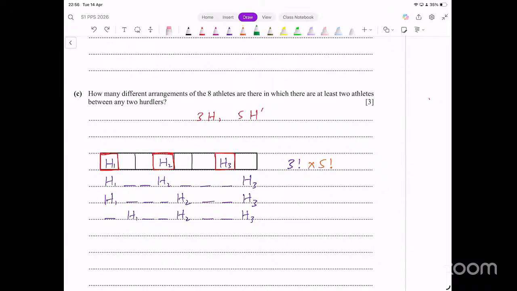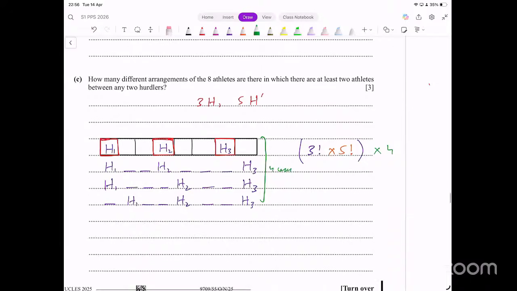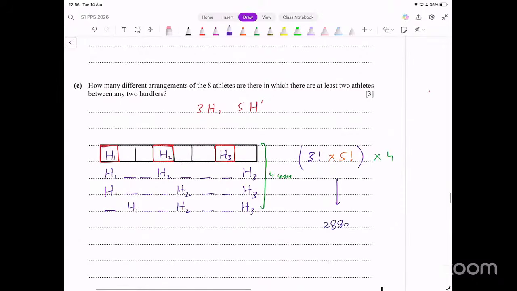That's the same thing as saying this whole thing multiplied by 4. And that will give you the result. Is that okay? These are 4 possible cases that we can have. And that gives us 2880. And that's our final answer.